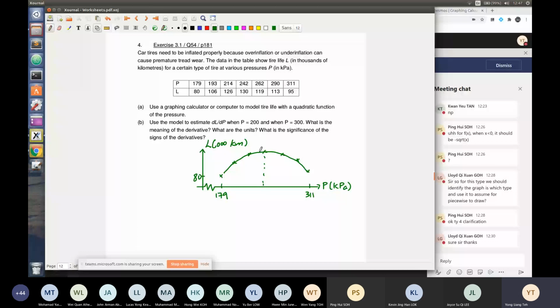So 242 may not be the absolute maximum if you try to curve fit this. But nevertheless, this is at or close to the maximum, at 242, and this value is about 130. I'm just eyeballing this here.